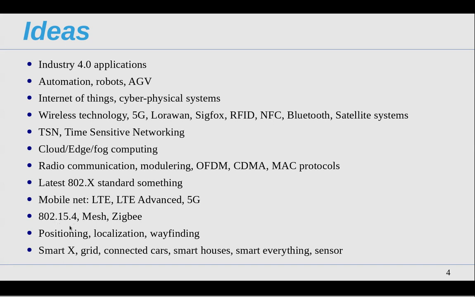This is a popular mesh networking standard, widely used. One example is Zigbee, which is a commercial mesh network. You have positioning, localization, GPS, other kinds of things, and then connected everything, smart everything.